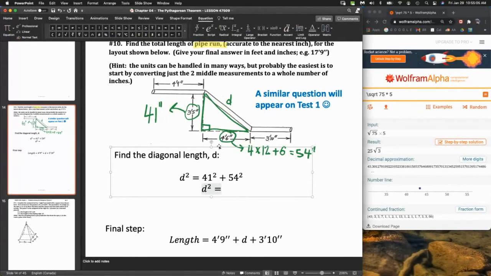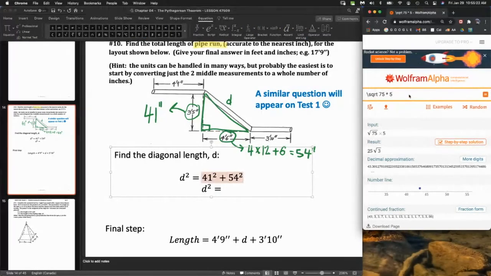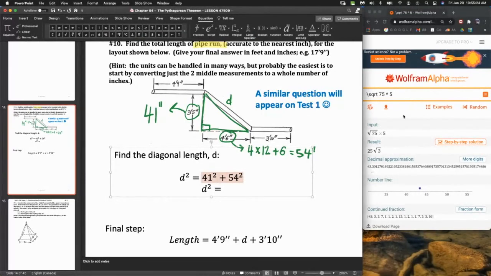Is it 2916? Is that correct? Can someone confirm? I think it's more. It seems like it's more. I have a feeling it's more, because that's 1600 or so. That's 2500, 2000. Yeah, it's more.